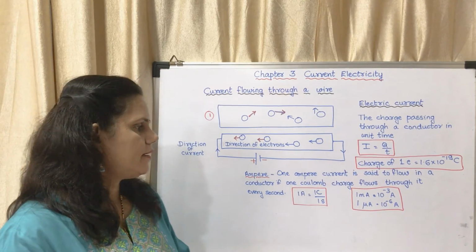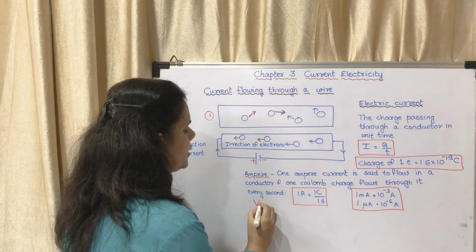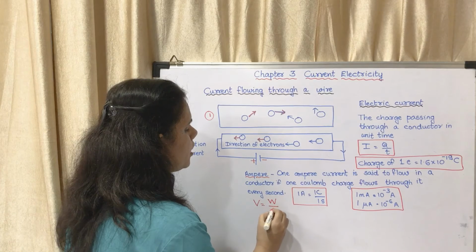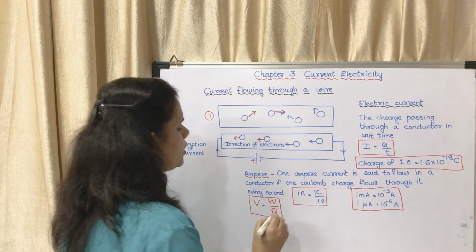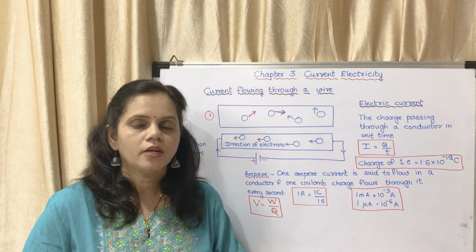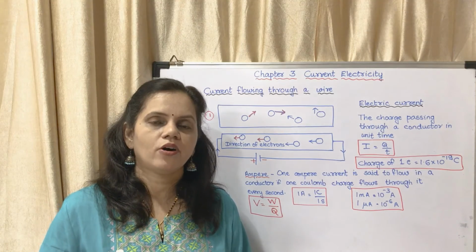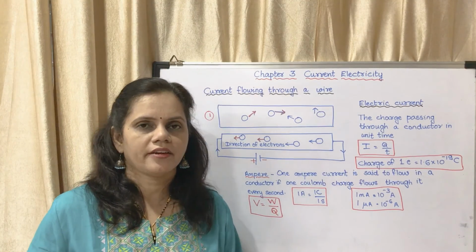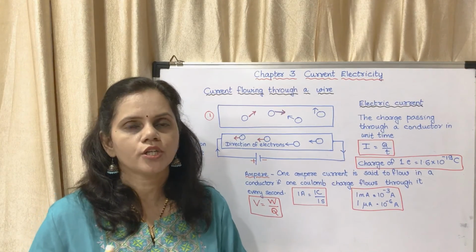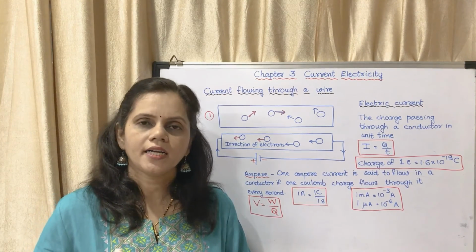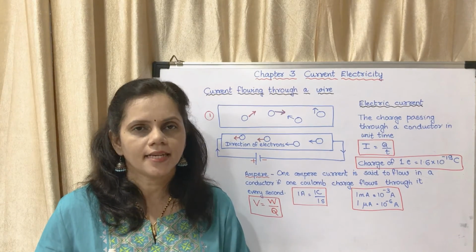So today we have studied two equations. The first equation is V is equal to W upon Q, where V stands for potential difference, W stands for work done, and Q stands for charge. The second equation is I is equal to Q upon T, where I stands for current, Q is charge, and T is time.